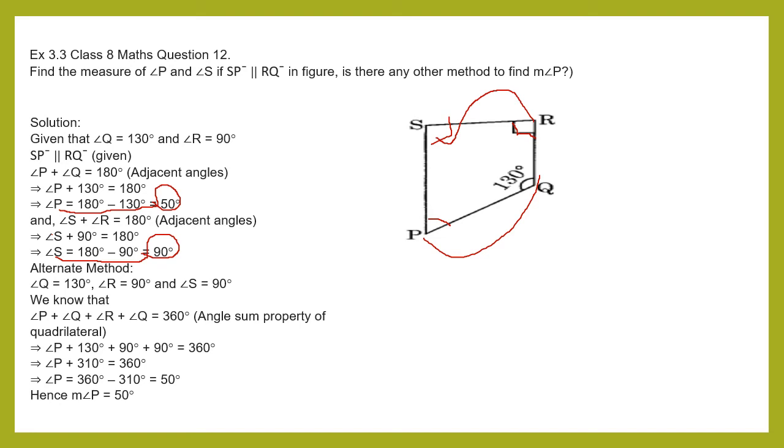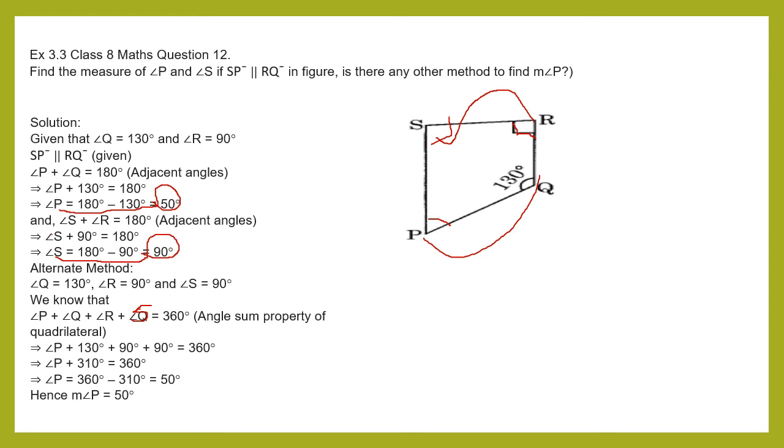That means in a quadrilateral the sum of the four interior angles is always equal to 360 degrees. Children, then angle P plus angle Q, which is 130 degrees, plus angle R, 90 degrees, plus angle S, 90 degrees, is equal to 360 degrees.